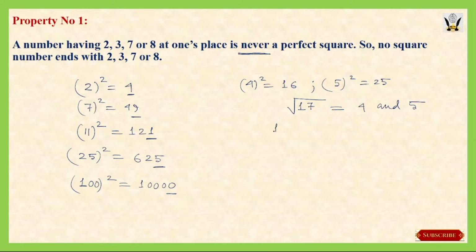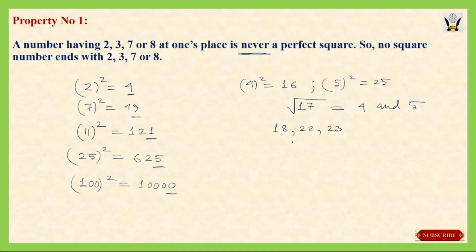If I choose 18 or 22 or 23, and take the square root of these numbers, they again will lie between 4 and 5. So we can see from this example that if at units place we have 2, 3, 7 or 8, then that will not be a perfect square.